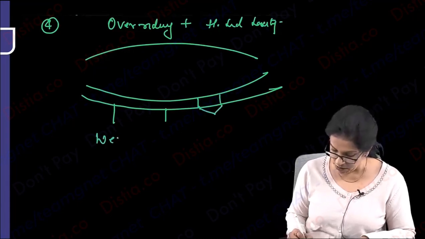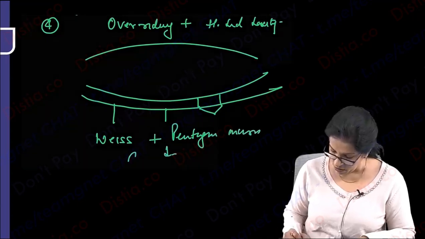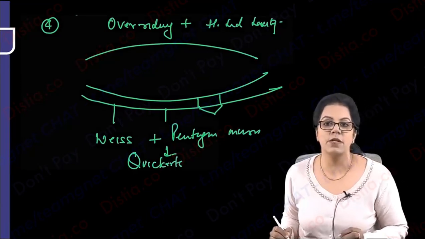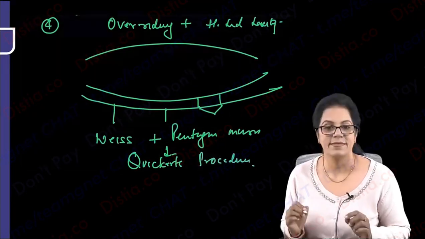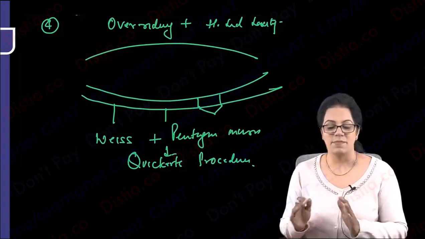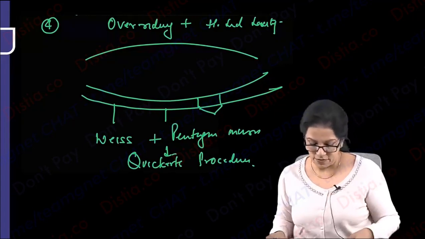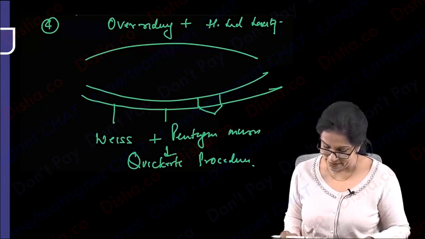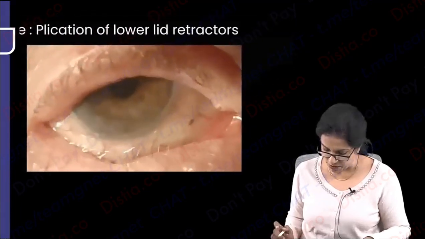So when Weiss procedure is done with the pentagon incision, this is what is called Quickert's procedure. Keep this in mind. Now that was about your involutional entropion.